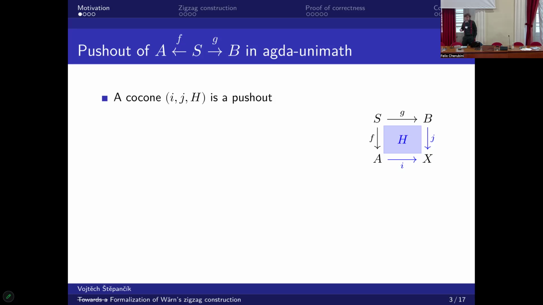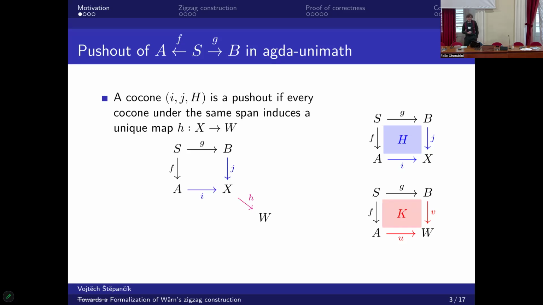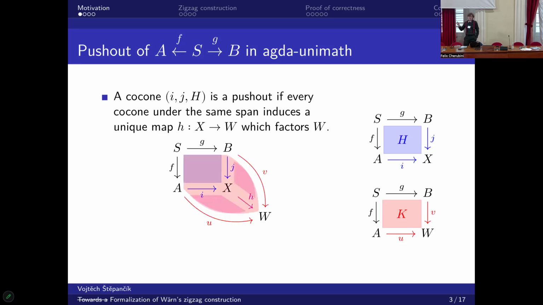And we say that this cocone is a pushout if we take any other cocone on another type, and then that induces a unique function of the vertices such that the red cocone factorizes through the blue cocone, which means that we get these two triangles and a higher coherence, which involves all the four surfaces that we see on the picture.